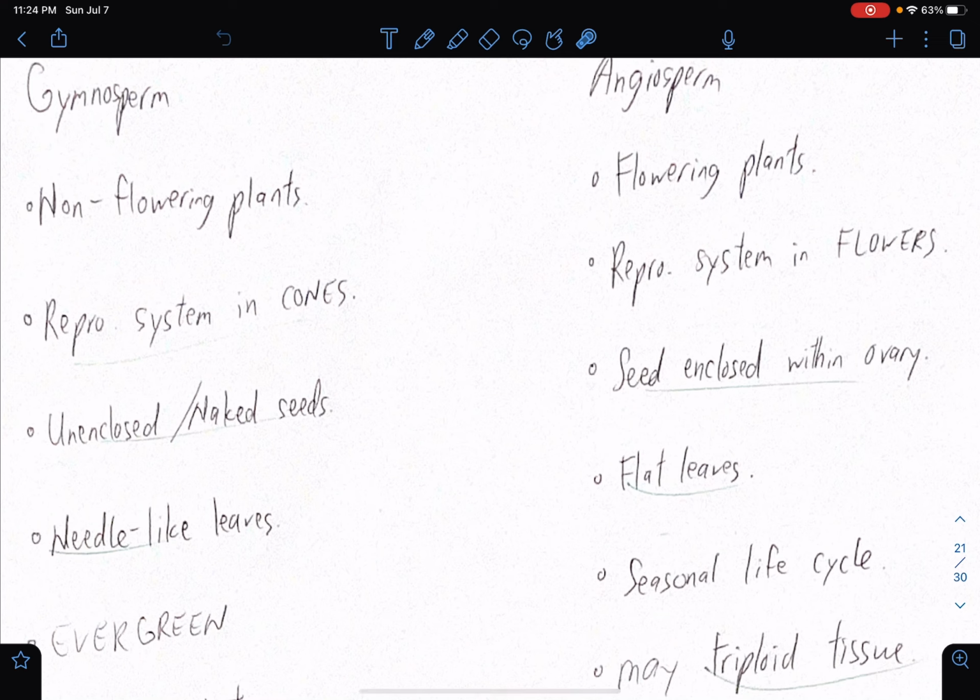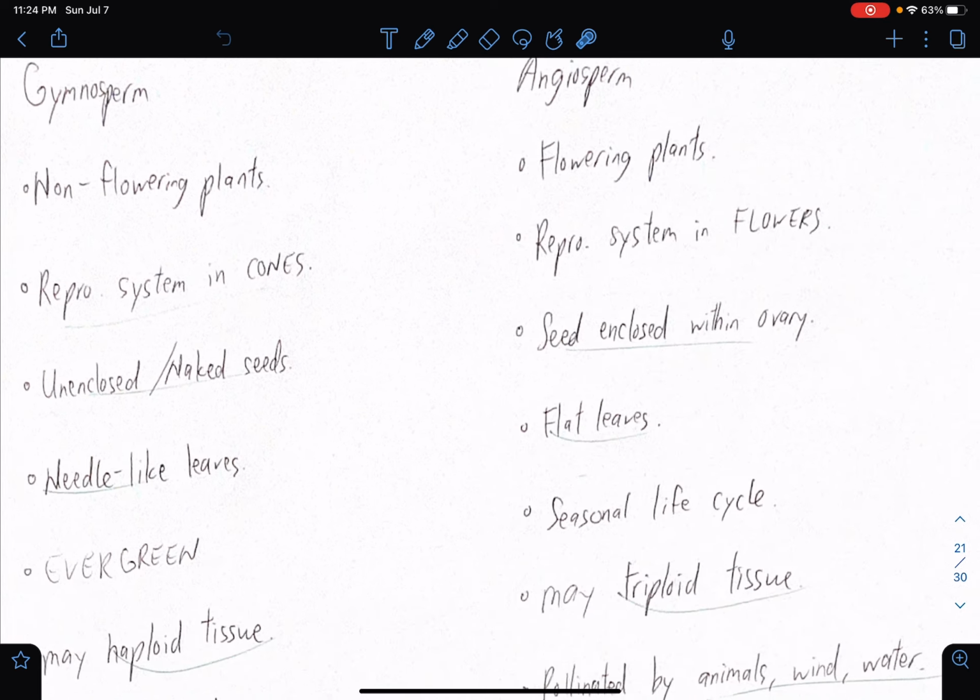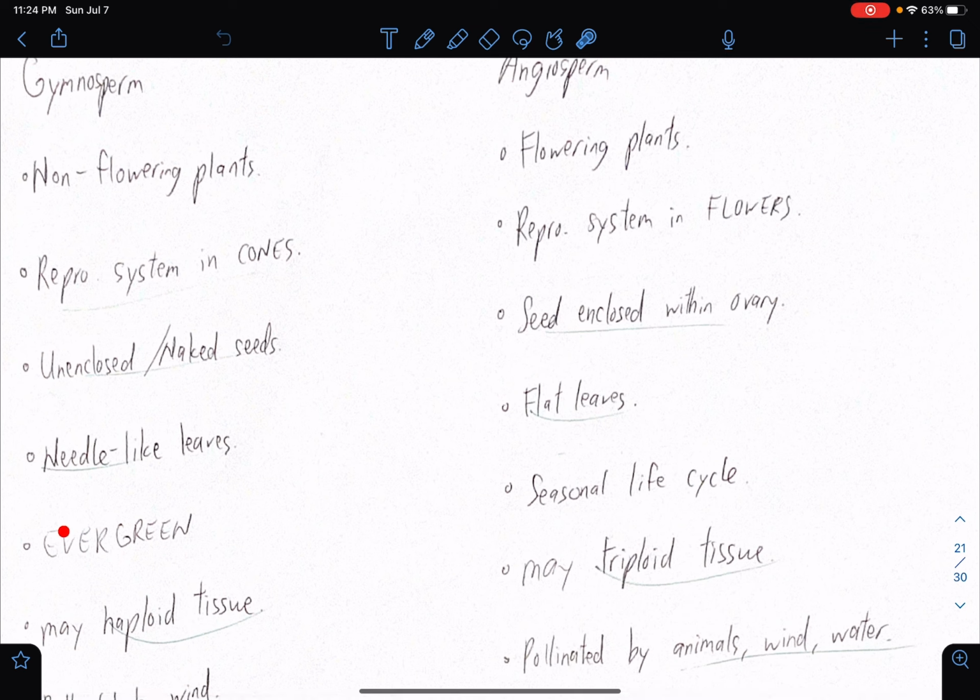Gymnosperms usually have needle-like leaves, but angiosperms have flat leaves. If you hear the term evergreen, that goes under gymnosperm. Angiosperms are plants that undergo a seasonal life cycle.